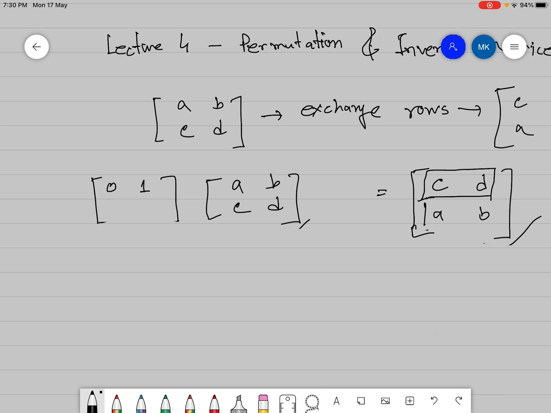Similarly, for the second row of output, you take ones of the first row and none of the second row, right? Now if you just do the multiplication, you will see that you get this matrix. Okay.